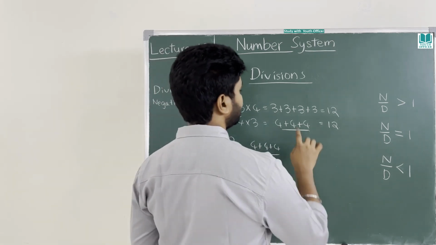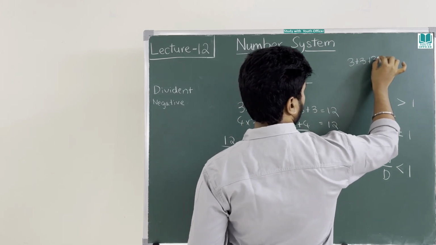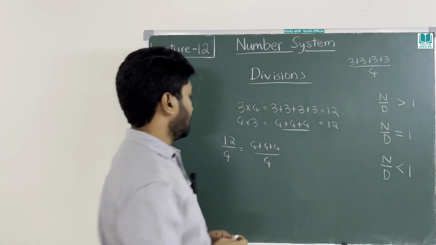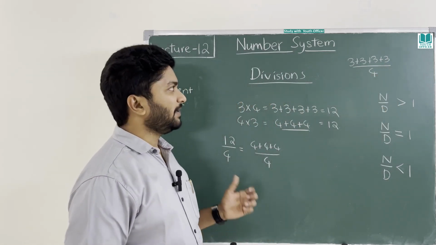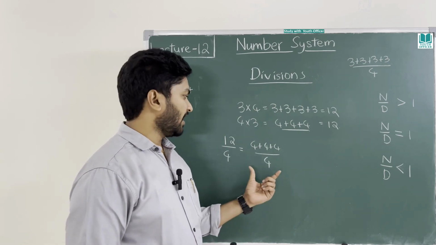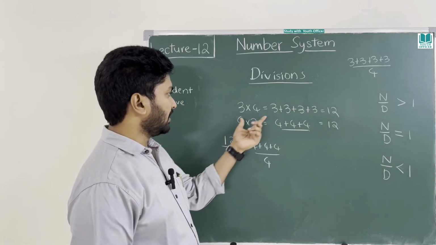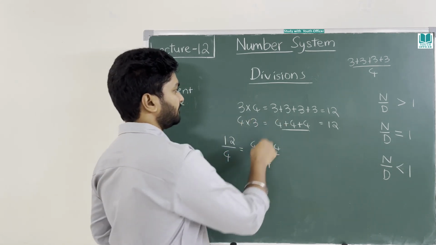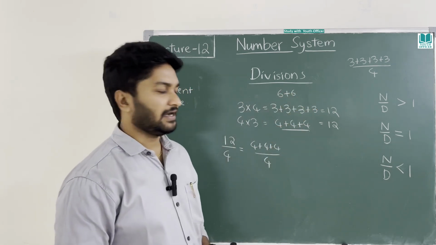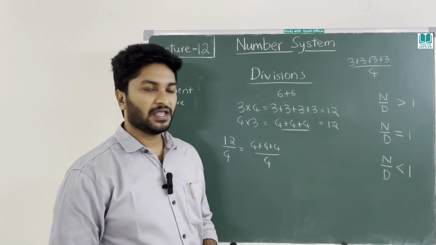Or you can represent also like this, 3 plus 3 plus 3 plus 3 by 4. However, which method do we have to use in this? We have to use this method. Why? Because 12 can be written in different forms, not only 4, but 6 plus 6 also you can write. But what we need is based on the denominator.